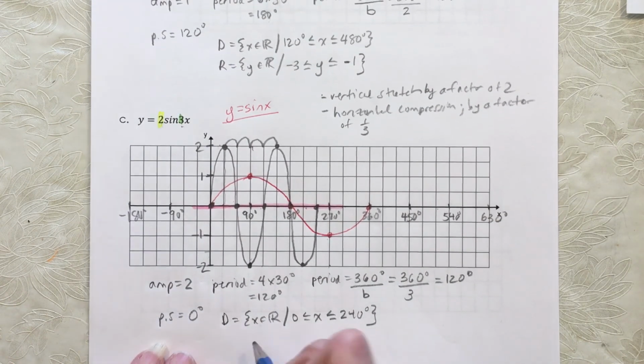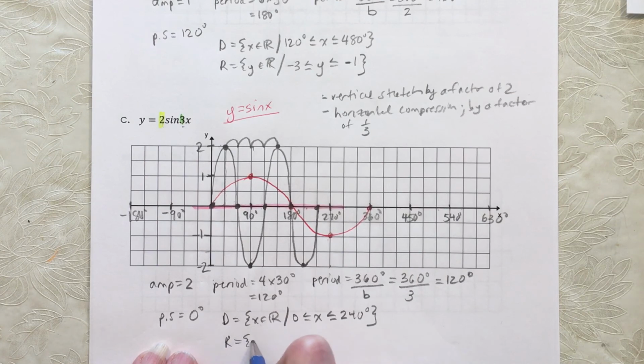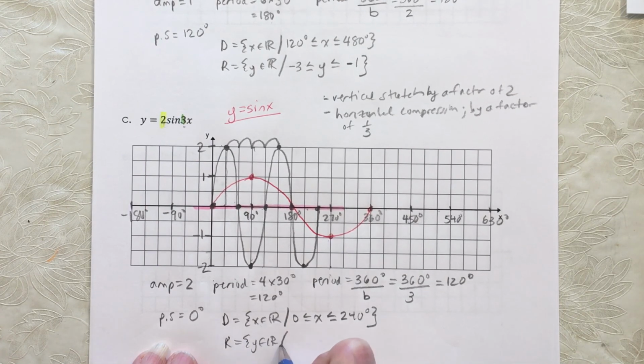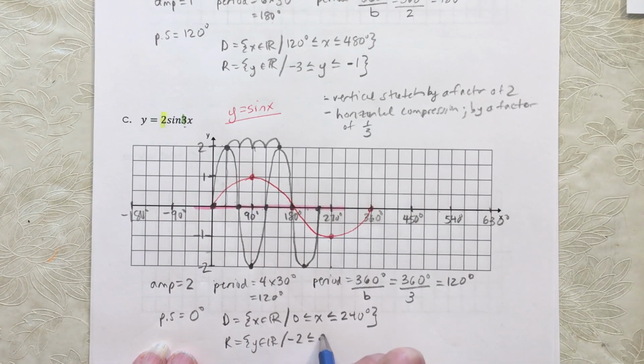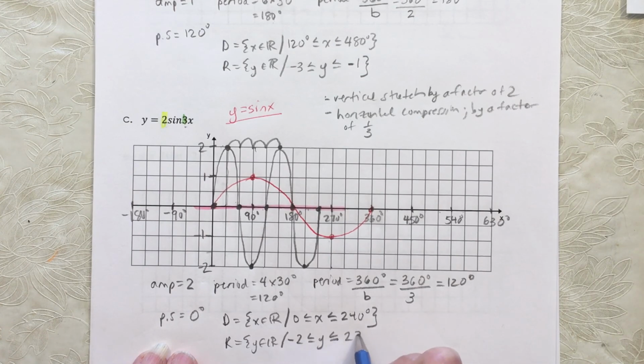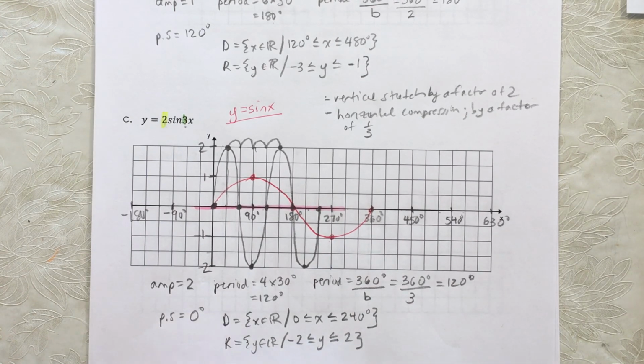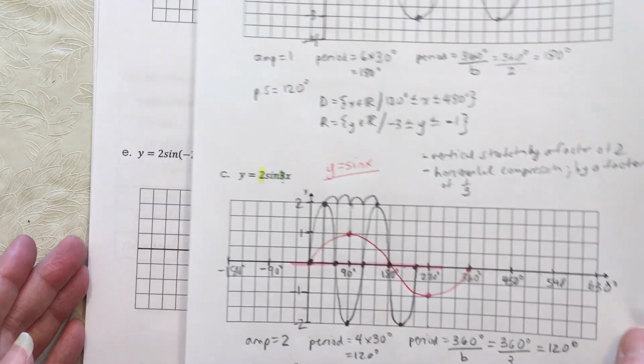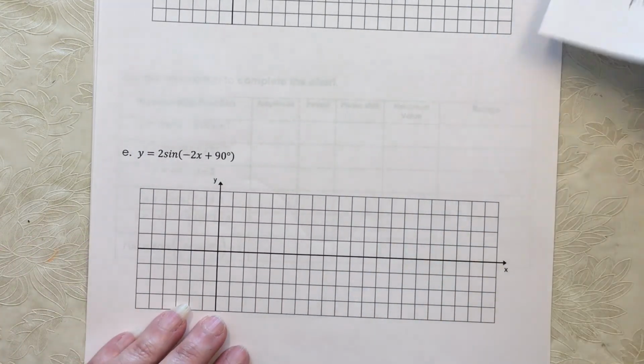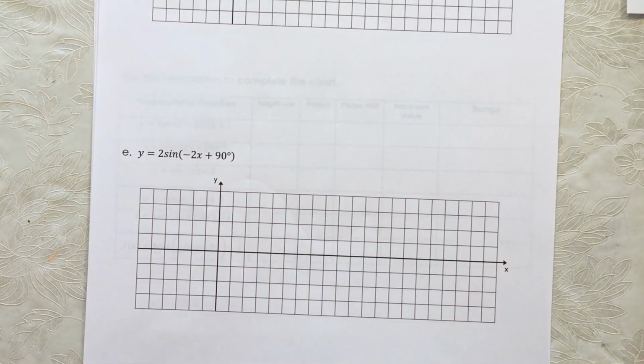And our range, lowest to highest. So the lowest we get is -2, and the highest we get is +2. Okay, so that's going to be part 1, and then I'll start part 2 in a minute.